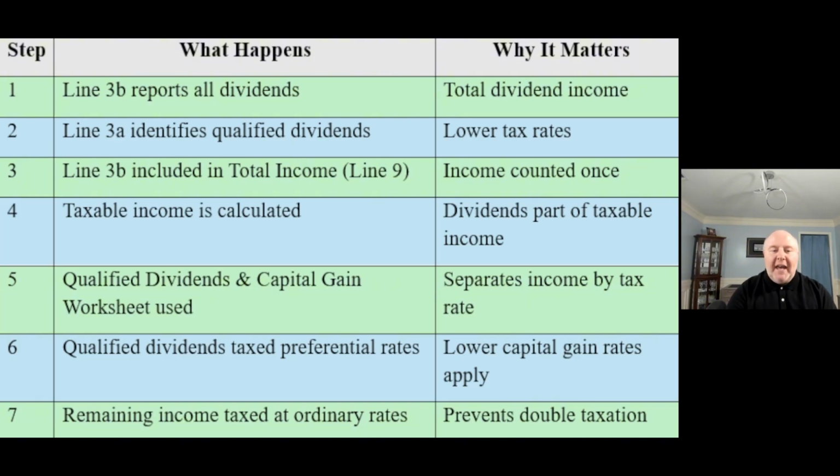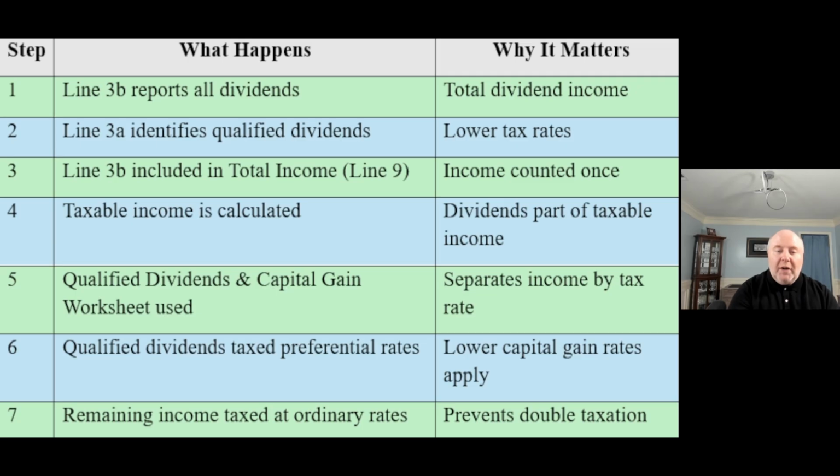We use our qualified dividends and capital gains worksheet to figure out what our tax rate is for each of those types of dividends. The qualified dividends are taxed at the lower rate, and the remaining dividends are taxed at our ordinary rate.